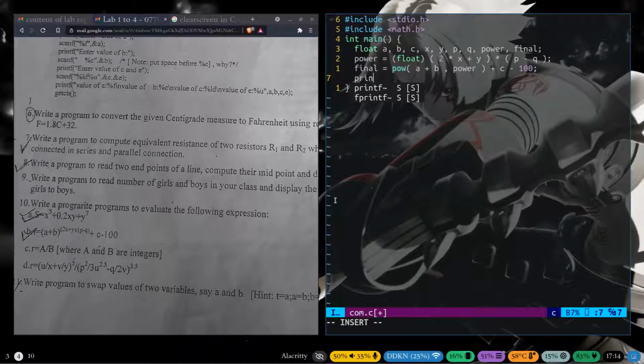Alright, so print f the evaluated output is final.